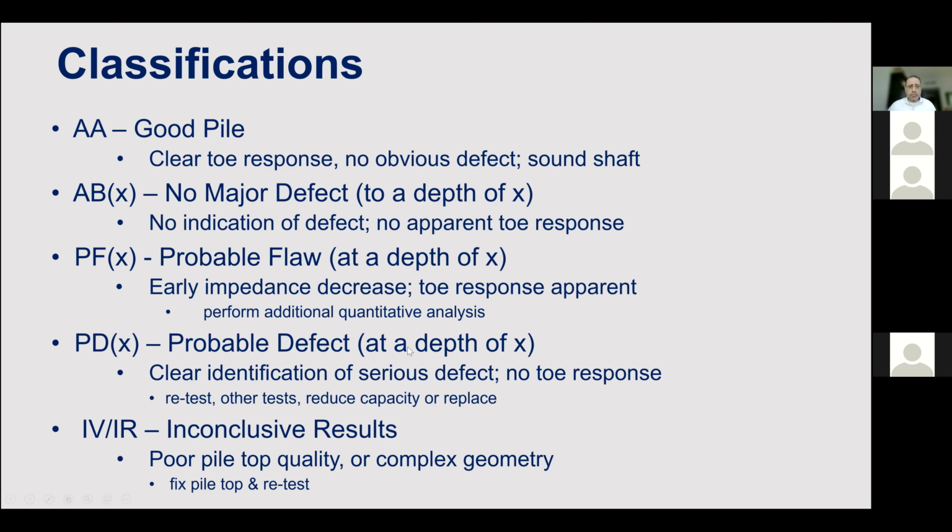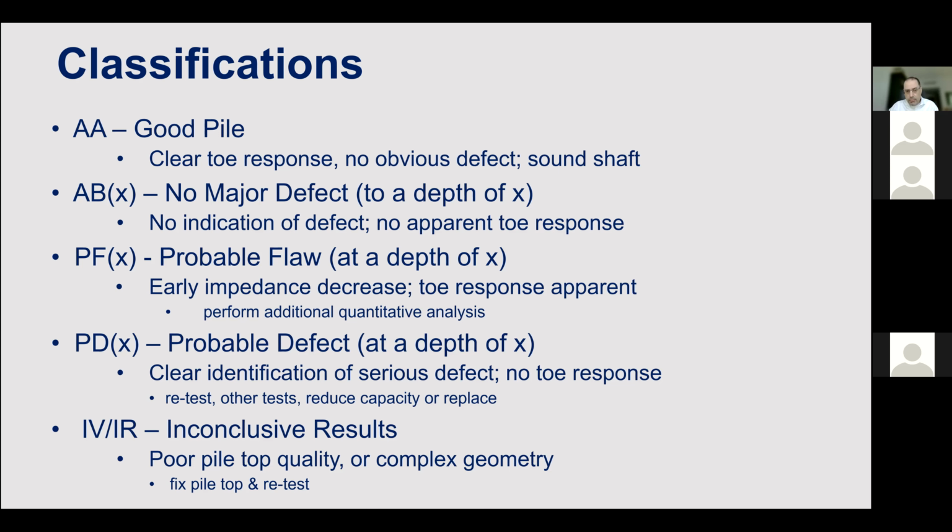General guidelines about the classifications. AA is a good pile. We have a clear toe response and no obvious defects. The shaft is sound. AB: no indication of a defect up to a depth of x, but maybe there's no clear toe response, so we can say no major defects.